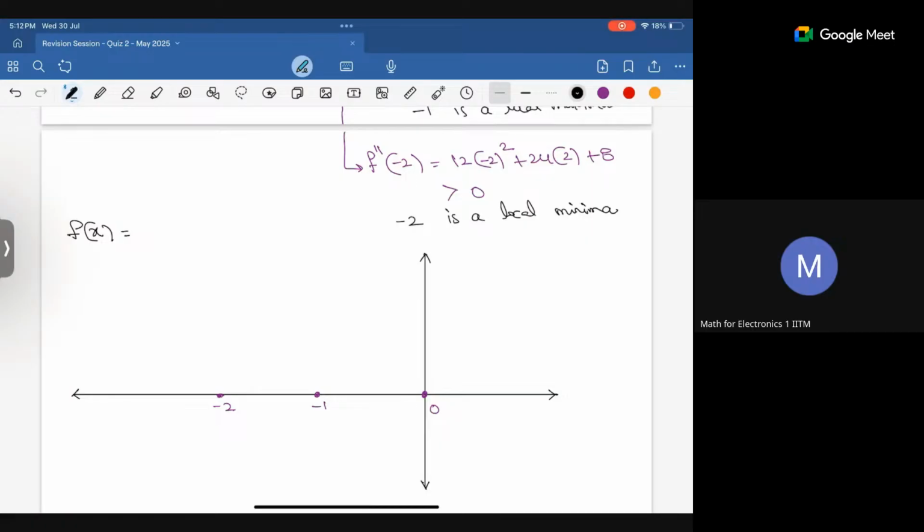These points help us to roughly plot the function. And once you are able to roughly plot the function, you know in which interval it is increasing and in which interval it is decreasing. All these things we can comment on.